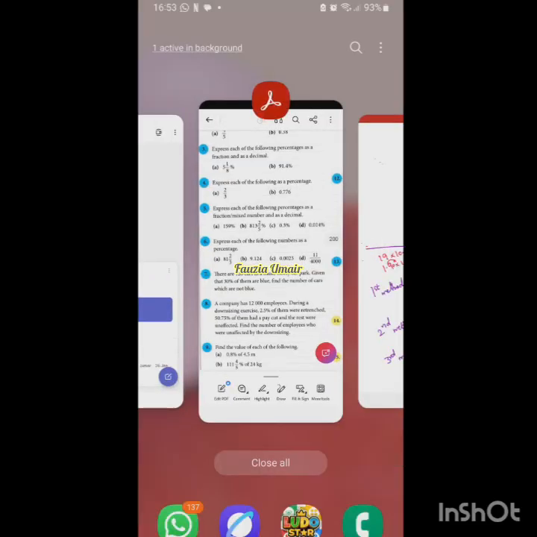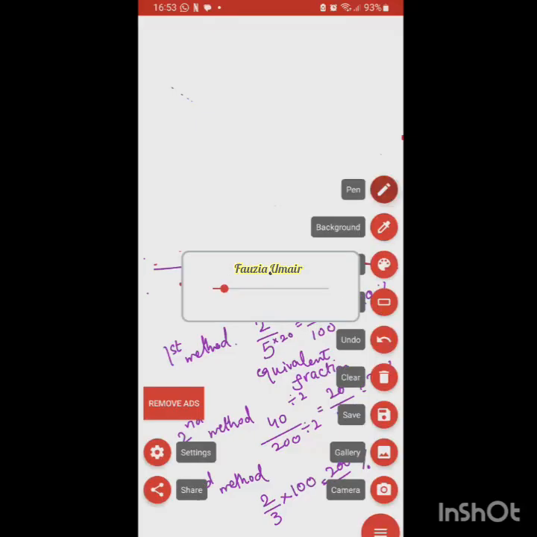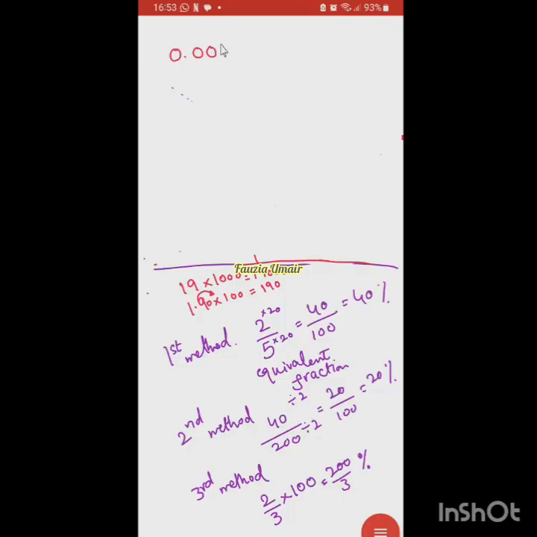Okay, next question is 0.0023. One second. The C part of this question is one you did in the class today. 0.0023, right? So this is a similar question. If I remove the decimal, this would be 23 by what will come in the denominator?